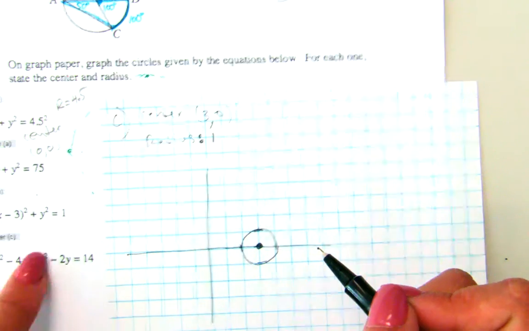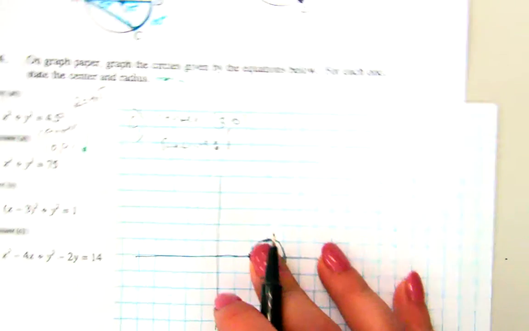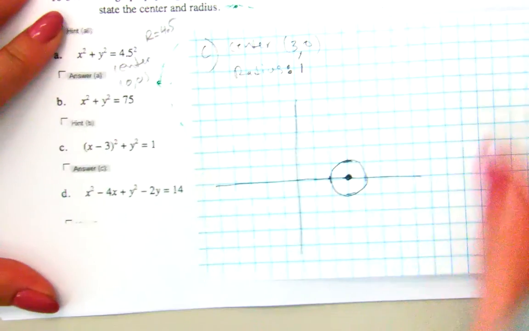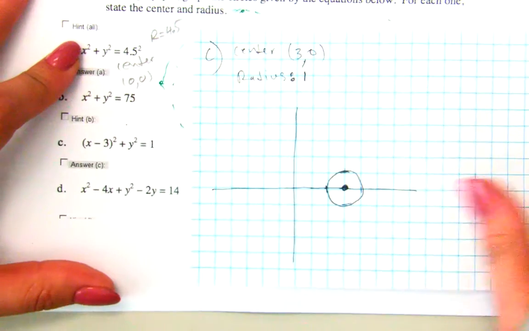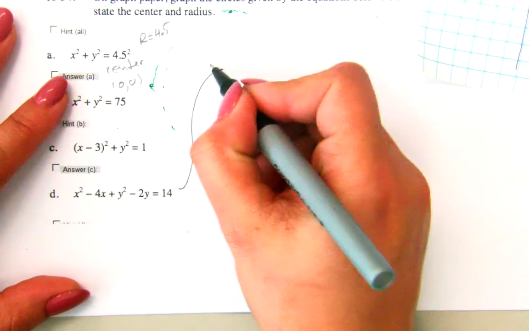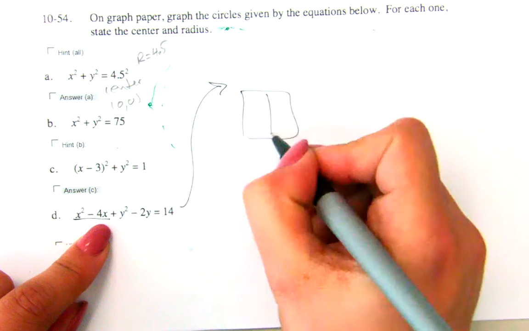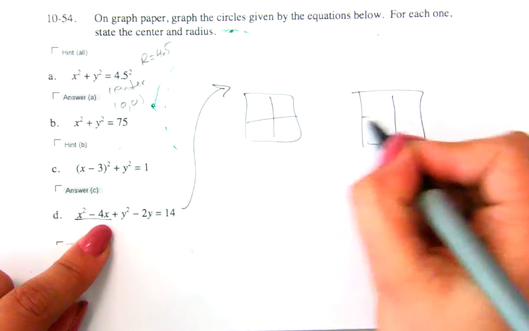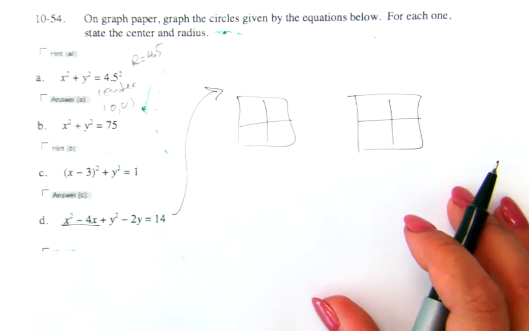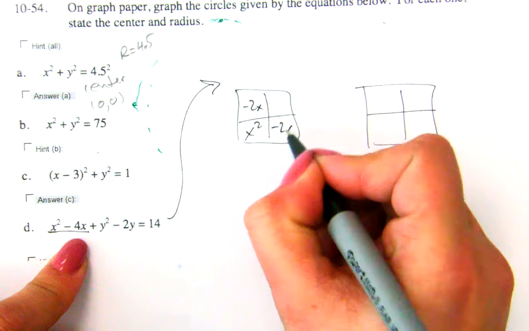Okay, D. We actually have to complete the square on part D before we do anything, because we need to figure out where it's at. So there's C. We have to complete the square first for D. So we have one box for x squared minus 4. So we have x squared minus 2x minus 2x.